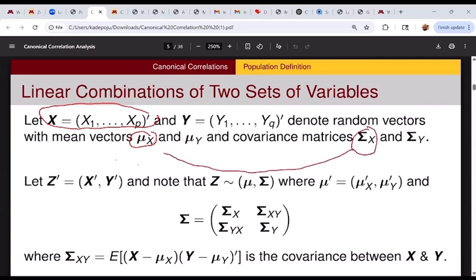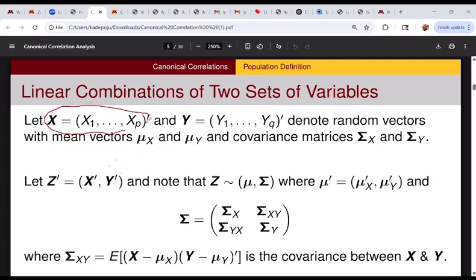So these two now will be the parameters. We're going to have the mean and the covariance structure of the first set X, and for the second set Y, they're also going to have the mean and their covariance structure. But in canonical correlation, of course, we actually want to consider both sets.